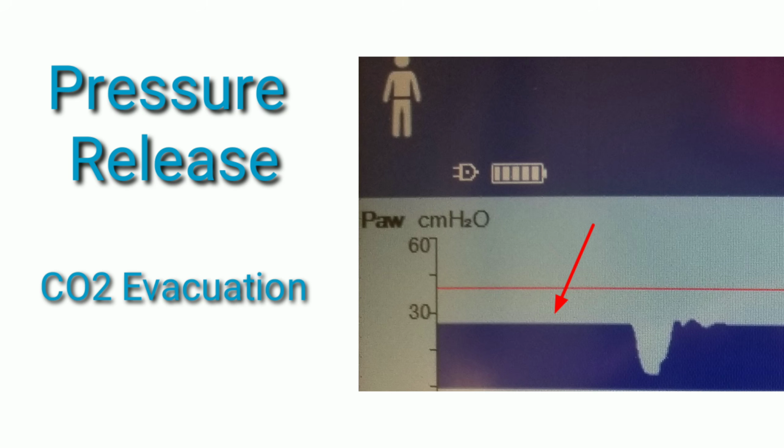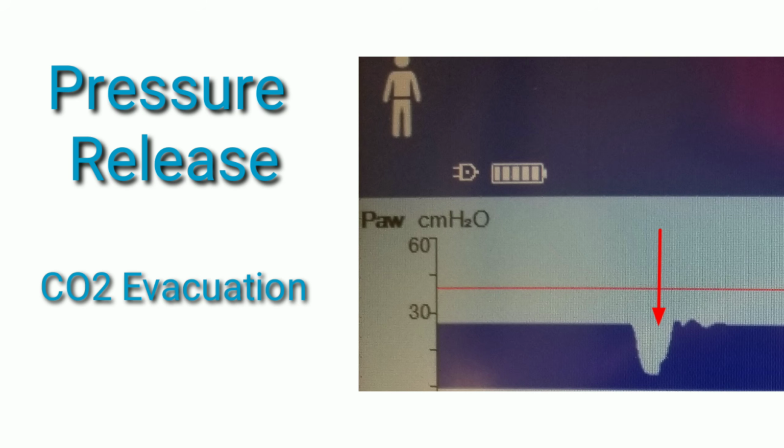There's supposed to be recruitment occurring over time, and that should increase the amount of surface area where diffusion is occurring at the alveolar level, right? So when that release, that bulk ventilation, that drop of the airway pressure occurs, a lot of CO2 is evacuated, okay?